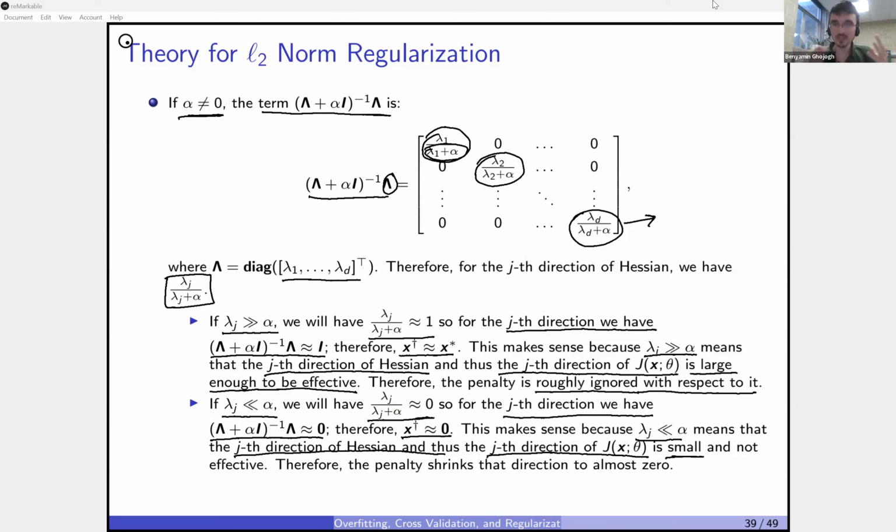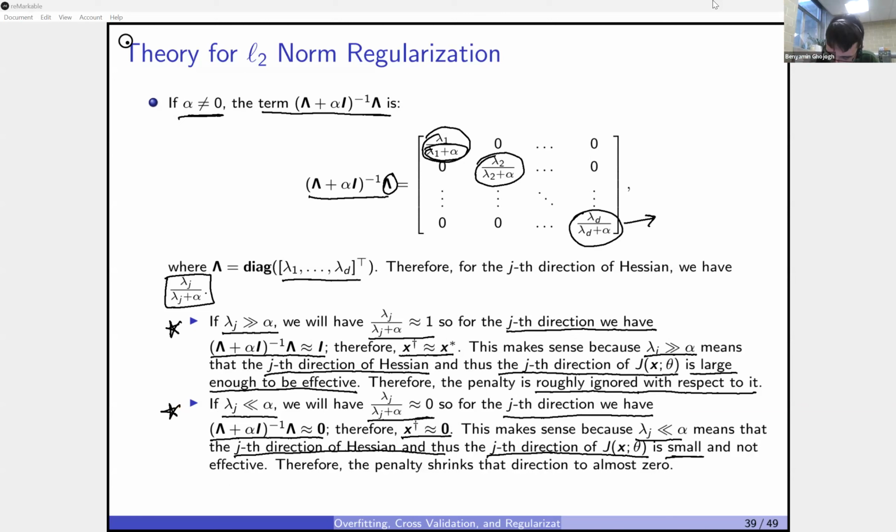So in other words, when lambda j for some direction is much greater than alpha, it means that J is important and J tilde needs to be almost close to J. If for some direction lambda j is much less than alpha, it means that the penalty should dominate the cost J in that direction. In one case, the penalty should be almost ignored. In the other case, the penalty should be dominating.